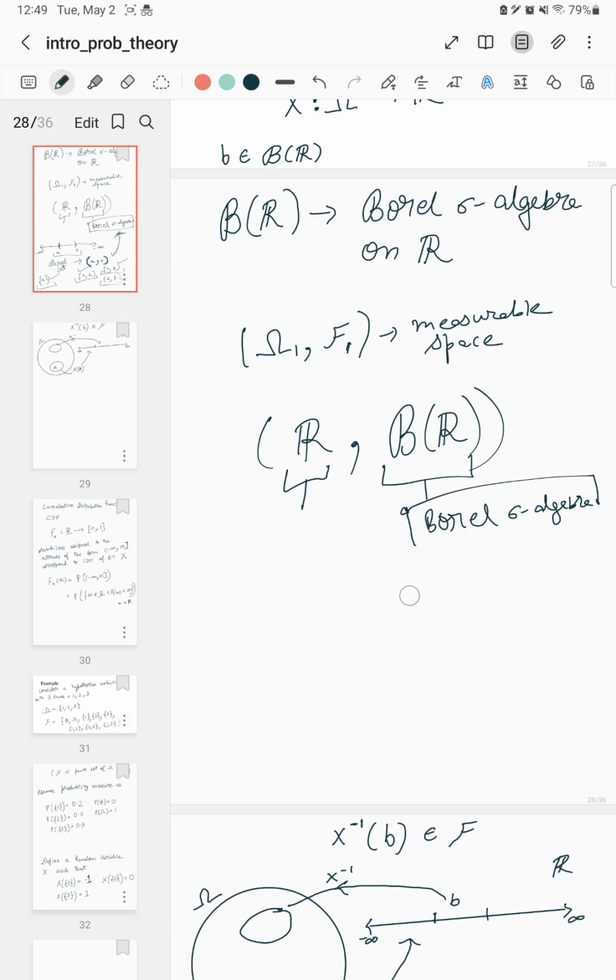Now we have defined the range of our random variable.